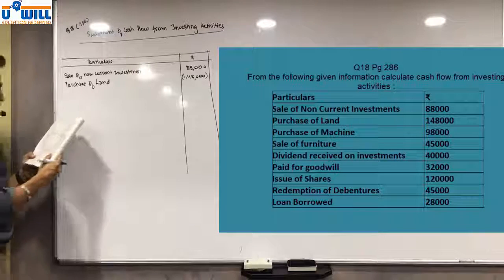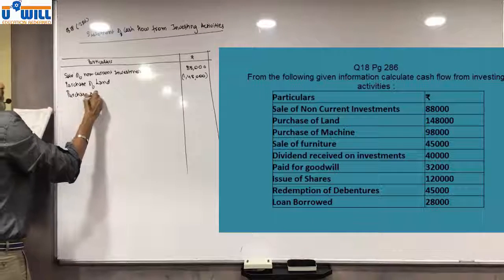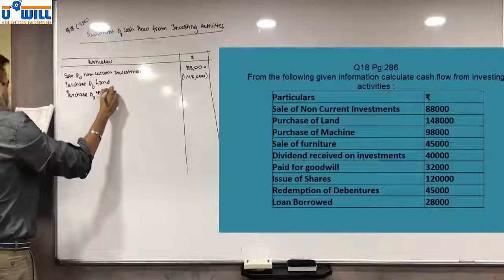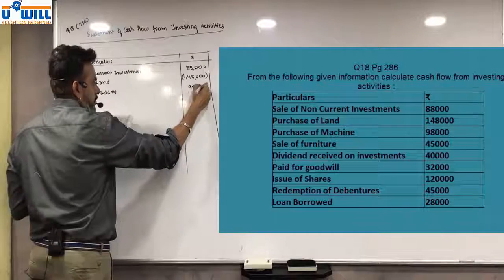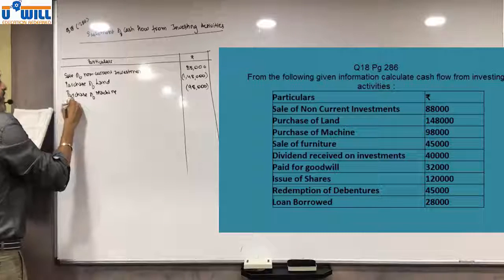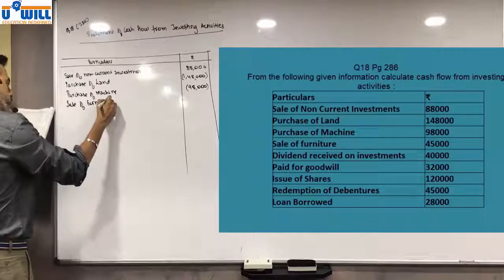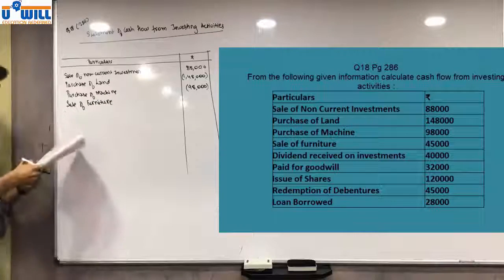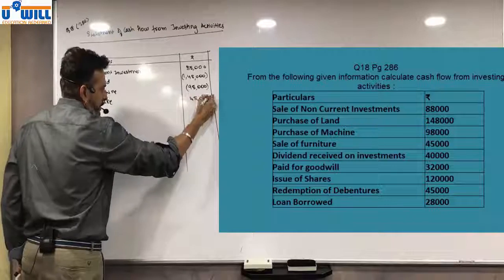Then purchase of machine, $98,000 in bracket. Sale of furniture, $45,000, positive because we received the money.